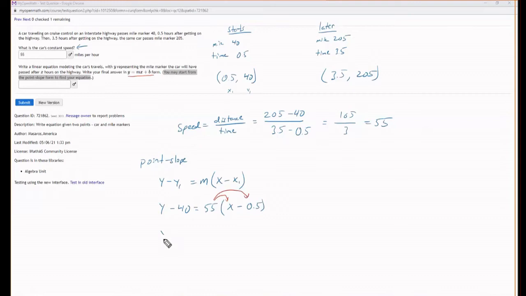So the left-hand side will stay the same. 55 times x is 55x. 55 times a negative 0.5 is going to give me a negative. When I multiply them, I'm going to get 27.5. Okay. My second step of algebra is to get the y by itself by adding 40.